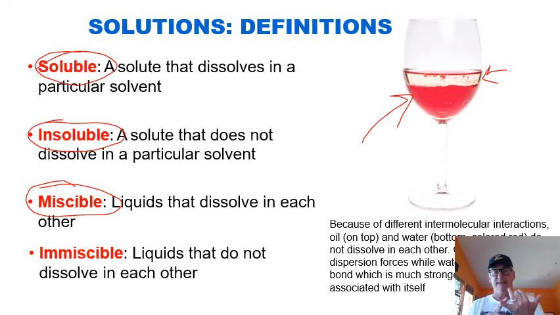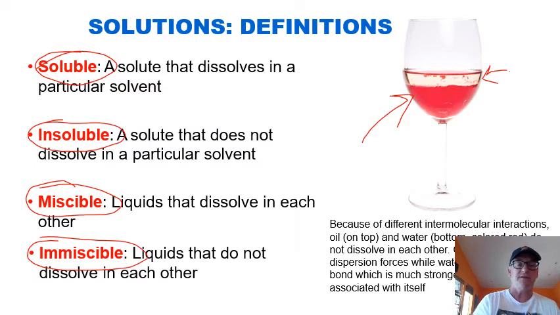It can't make hydrogen bonds, and for the most part, it can't make these sort of ion dipole bonds, but it can make London dispersion forces interactions with itself. And so if it can't make any of these other stronger interactions, it will make as many of these weaker interactions as possible and coalesce together. So liquids that don't dissolve in each other, like the oil and water, we would say they're immiscible. So not miscible.